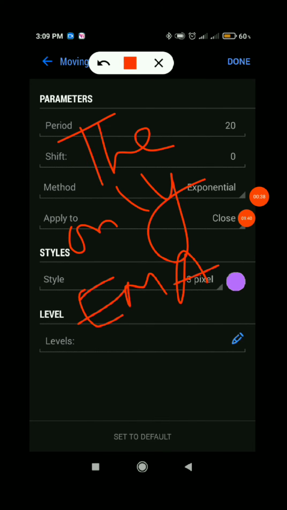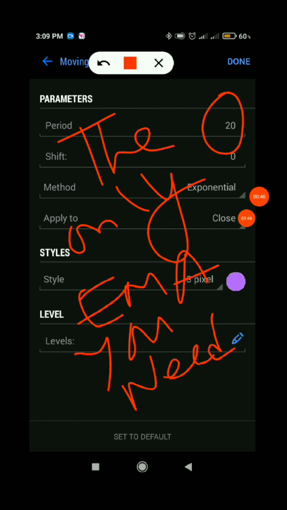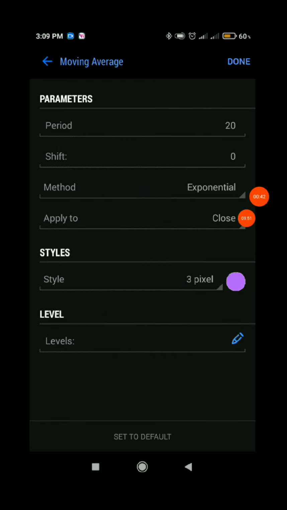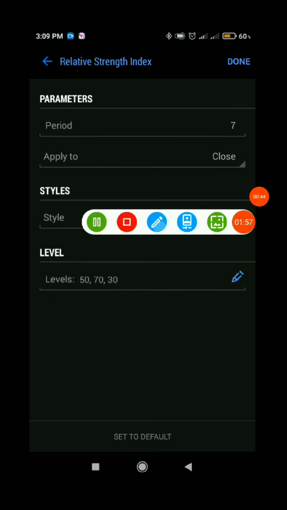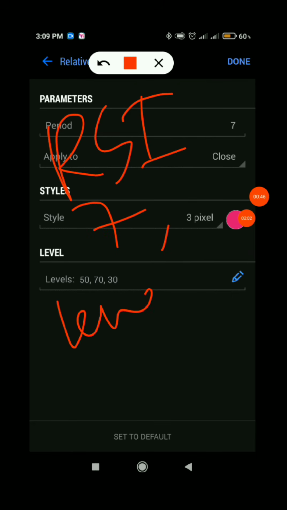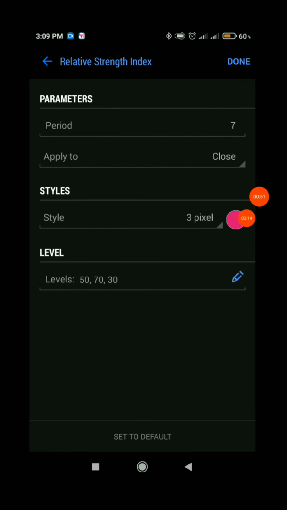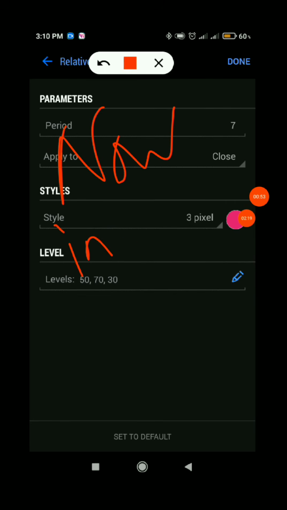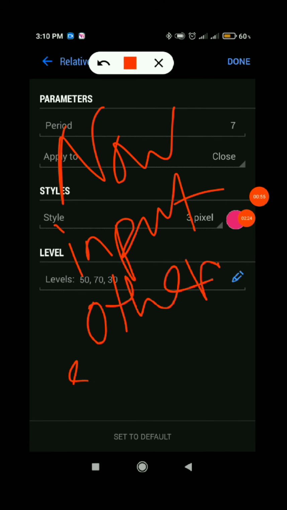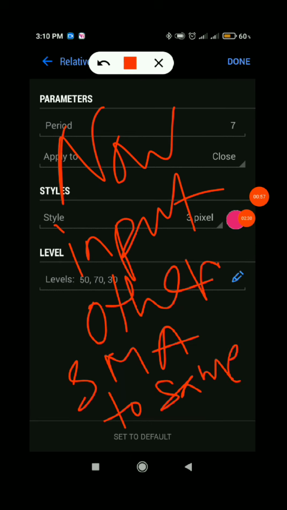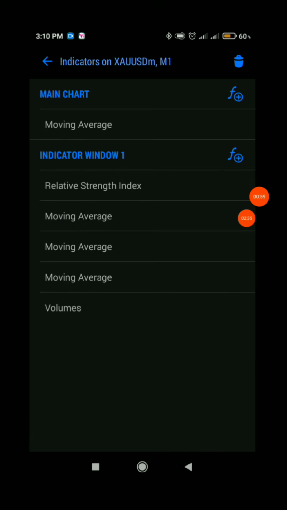Here I have taken only 20 EMA on the main chart applied to close, and then I have taken another window where RSI 7 is taken, and 50, 70 and 30 levels included. Now I'm importing other small moving averages to the same window.